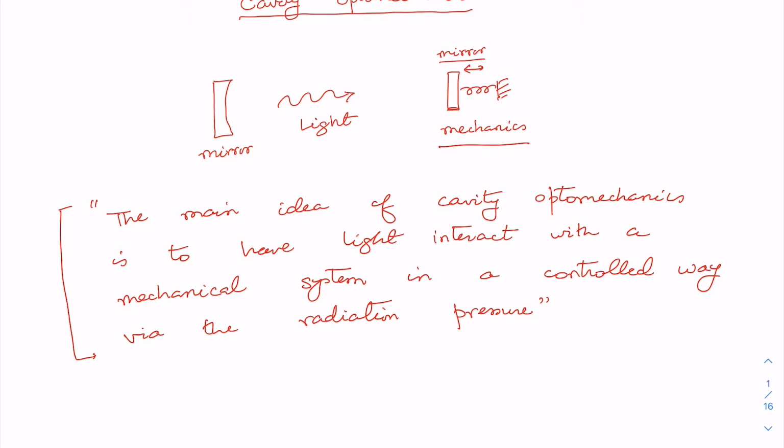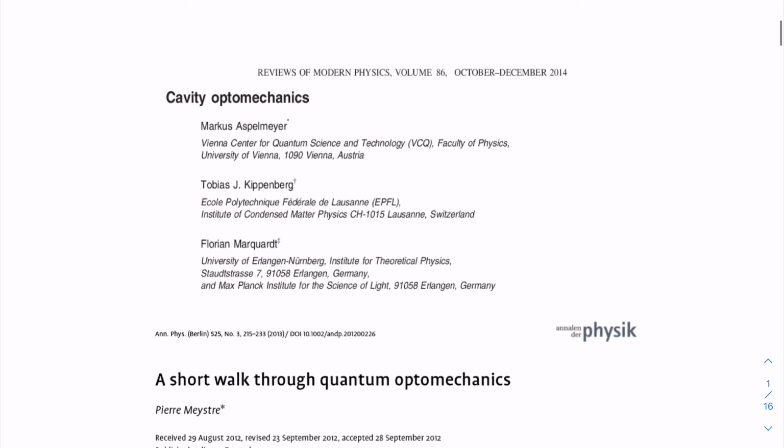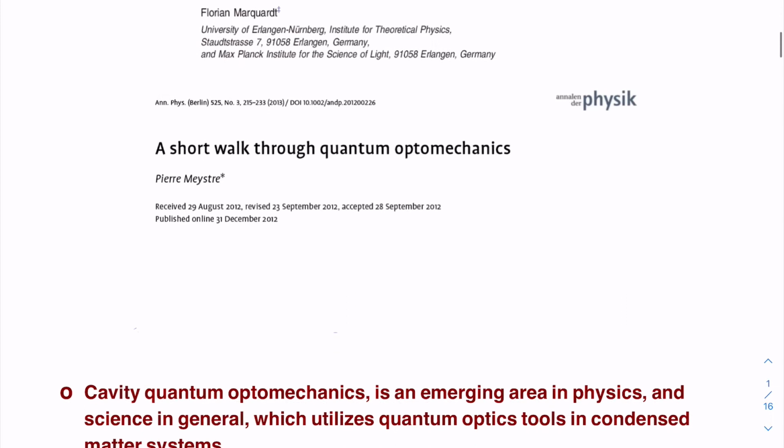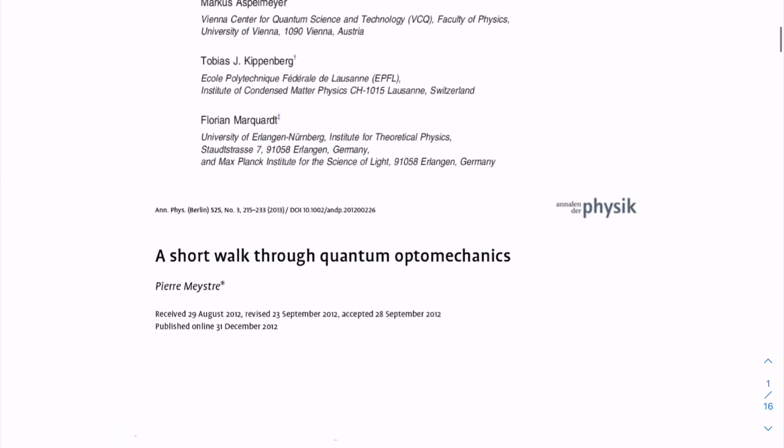And our discussion here will primarily rely on these review articles. The first review article is by Markus Aspelmeyer, Tobias J. Kippenberg, and Florian Marquardt. The title of the review article is Cavity Optomechanics. This was published in Reviews of Modern Physics, and this is an extremely beautiful article. And another article is A Short Walk Through Quantum Optomechanics by Pierre Meystre. It was published in Annalen der Physik.